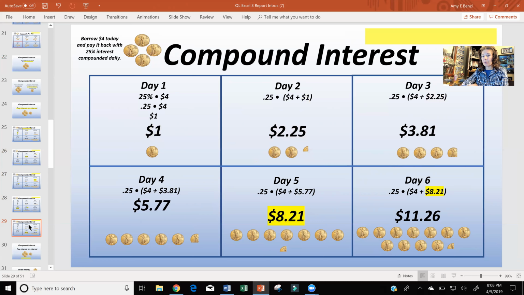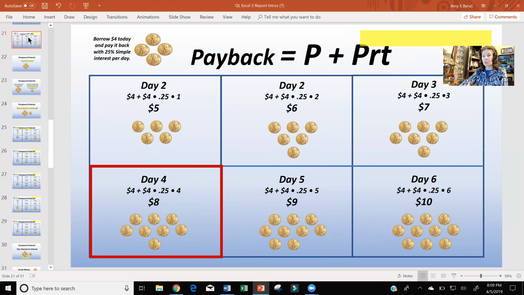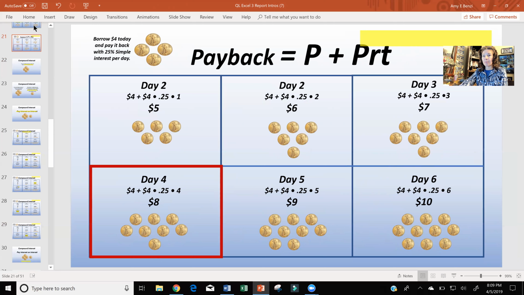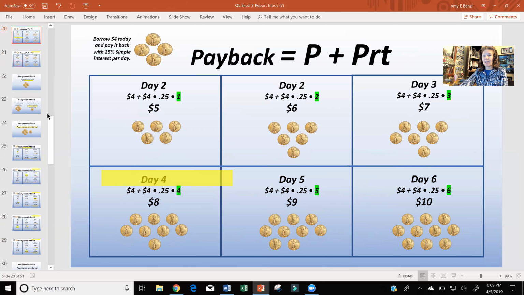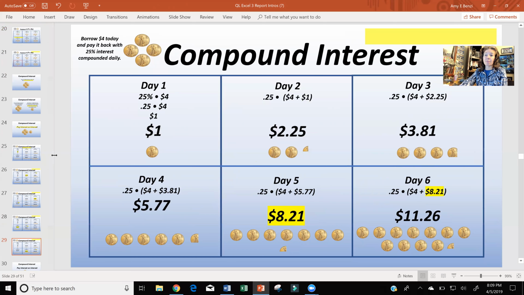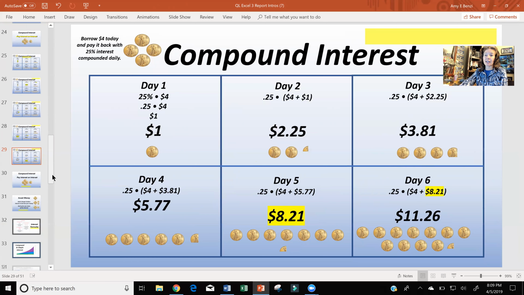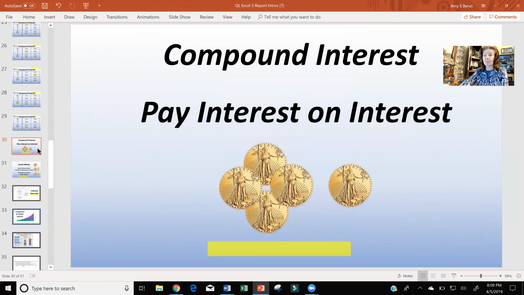So you can clearly see here that the amounts are larger than they were when I was paying simple interest. I was just increasing by $1 a day. And when I get down to my compound interest, I'm actually increasing by a greater amount because I have to add the previous day's interest.